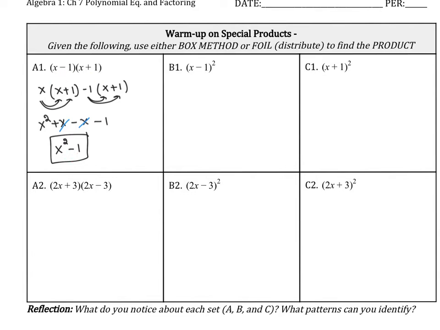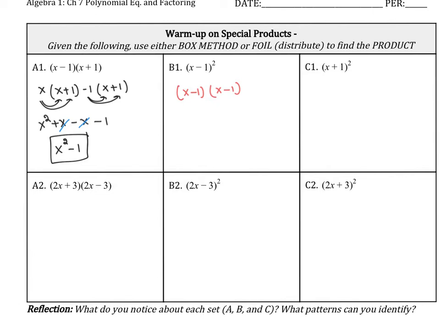Now I'm going to use the FOIL method. So I'm going to rewrite x minus 1 squared as x minus 1 times x minus 1, since it has a square on the top, which means you're multiplying the same factor by itself 2 times.